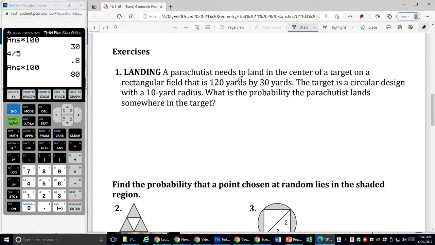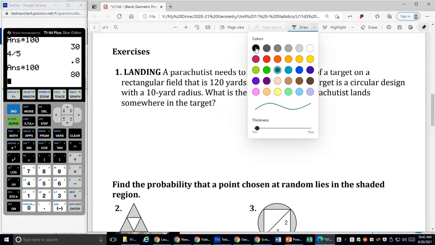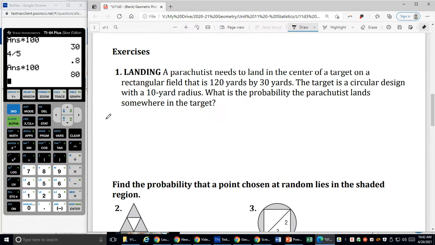Landing. A parachutist needs to land in the center of a target on a rectangular field that is 120 yards by 30 yards. The target is a circular design with a 10-yard radius. What is the probability the parachutist lands somewhere in the target? Okay, so we're landing in a rectangular field. I'm going to sketch this situation that's happening. So we have a rectangle.